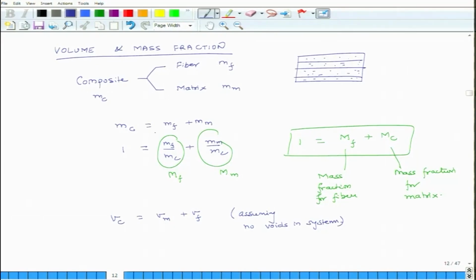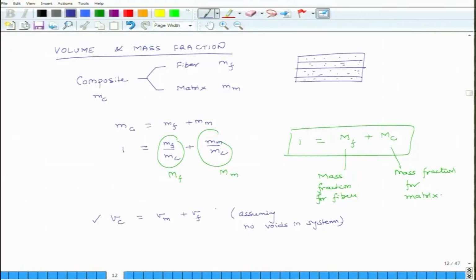See, in case of mass, even if there were voids, the weight of those voids, what would be there in those voids? Air. So, it is almost 0. So, we can ignore that. But in volume, we cannot ignore the volume of the voids. So, if there are no voids in the system, then this relation is okay. If there are voids, then I also have to add VA. Okay. So, I will divide this equation by Vc.